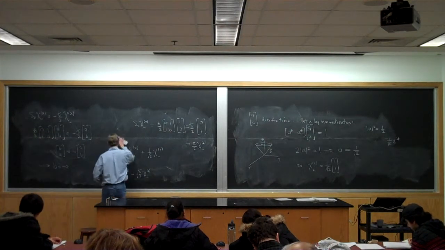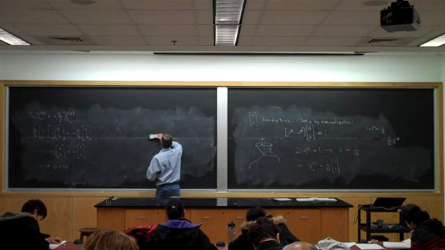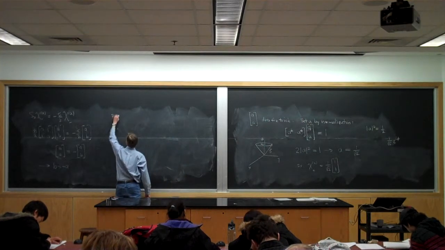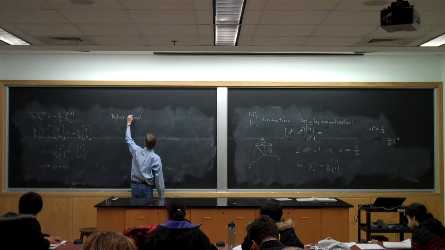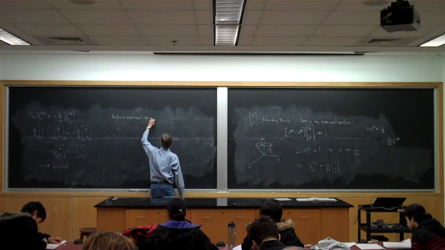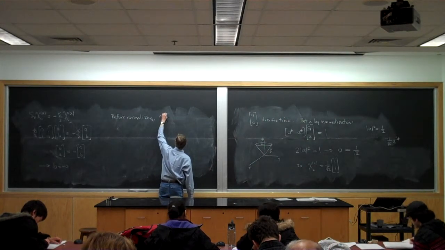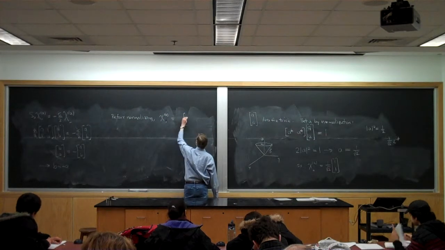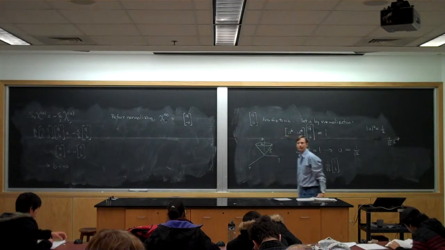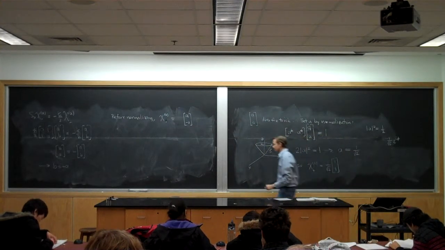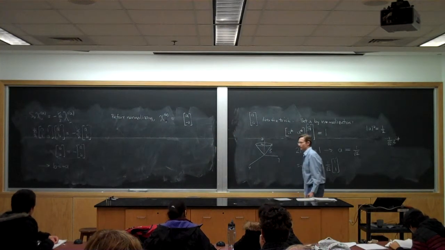Before normalizing, the unnormalized version looks like A, minus A. And so when we normalize, we're going to again get A is 1 over root 2.